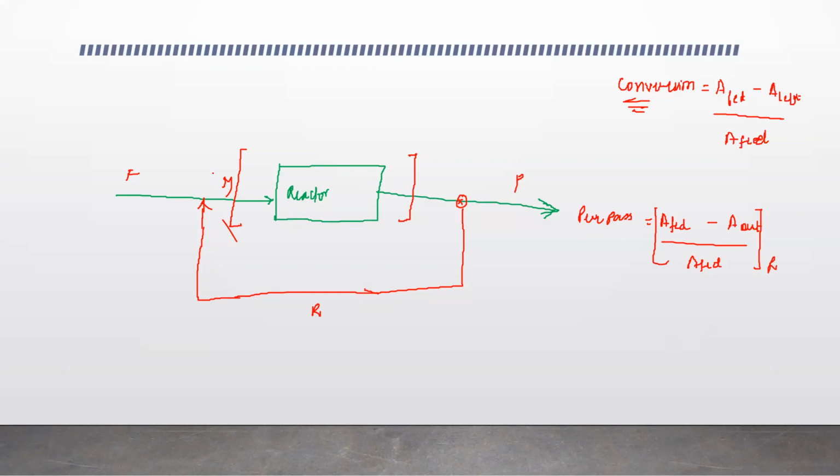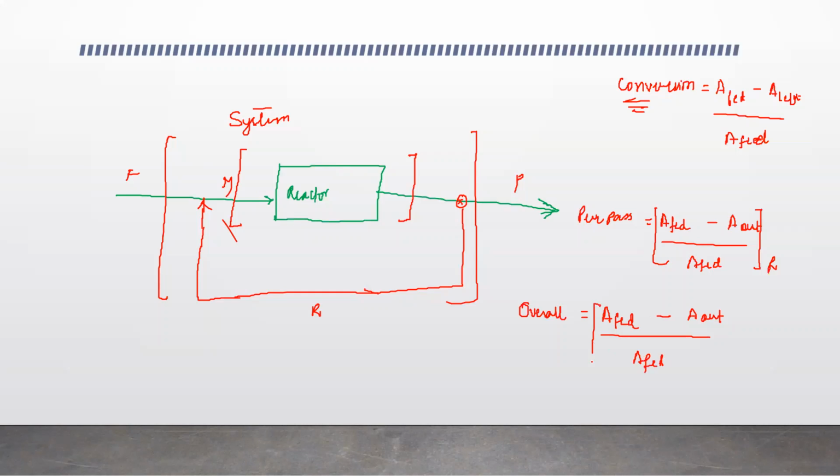Then we have the second conversion, which is overall conversion. Overall conversion contains this entire system. If I call this my system, then it is A fed to the system minus A leaving the system upon A fed to the system. So this is for the entire system.